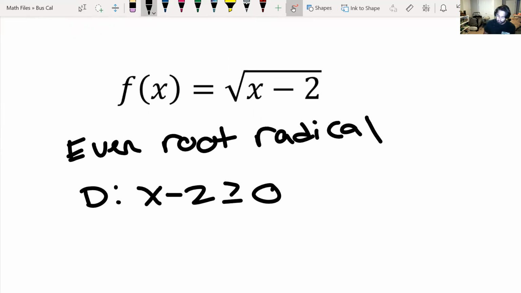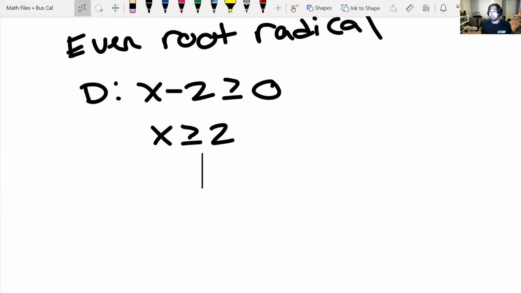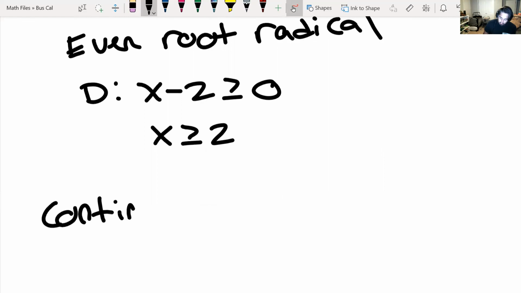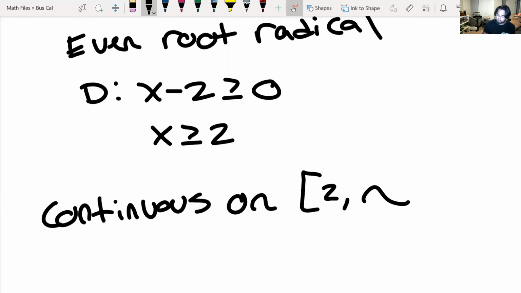Move that 2 over, and there's our domain. This inequality tells us what interval we are continuous on. So we will say continuous on bracket 2 to infinity. So this function is continuous from 2 to infinity.